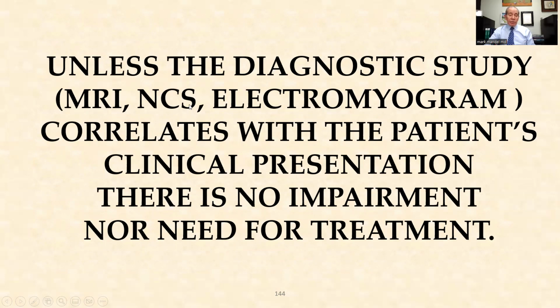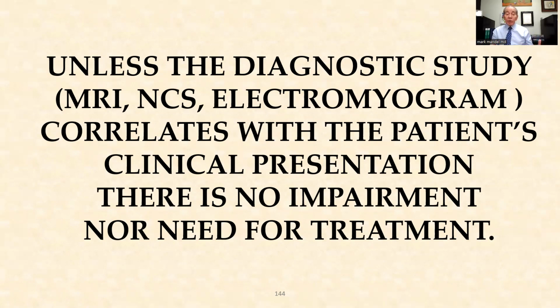So my point here is, in performing any type of diagnostic study, be it an MRI or a nerve conduction study, unless that study correlates with the patient's clinical presentation, there is no impairment nor any need for treatment. The reason for pointing this out is that in AME, I've seen numerous cases in which patients have undergone ulnar shortening procedures because the ulna seems to be a little bit longer than it should be, whereas on the other side it's just as long, and those patients are asymptomatic.